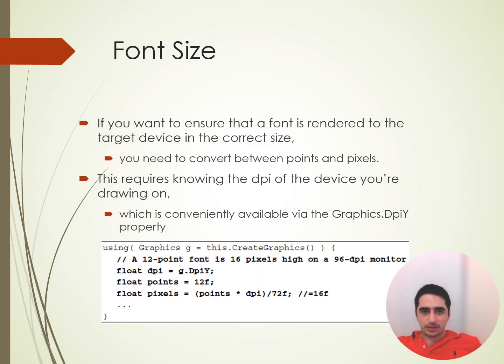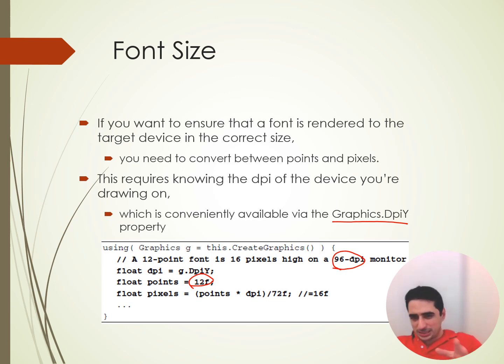So let's see an example of the font size. Imagine you have a font of size 12 points, and you want to display it on a monitor with a DPI of 96. I should say it in a more precise way: the vertical DPI is 96. Now you may ask, what's the difference between vertical and horizontal DPI, or, as mentioned in the Graphics class, Graphics.DpiY and Graphics.DpiX?